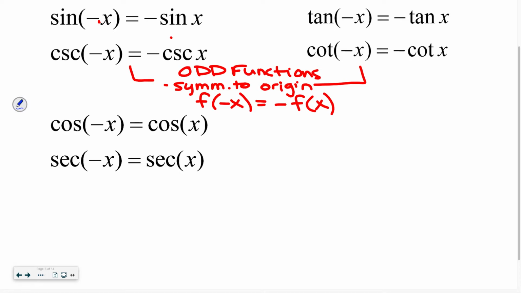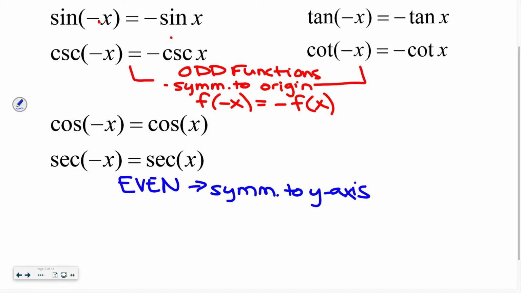This function is an even function. It's symmetric to the y-axis. And that test was, does f of negative x equal the original function? Remember, if we just did that one substitution with negative x, if we got the original function, we would say it's even.